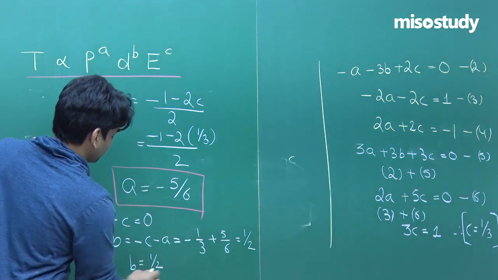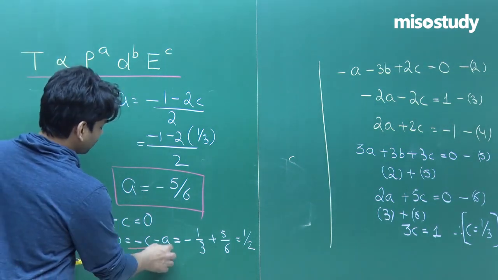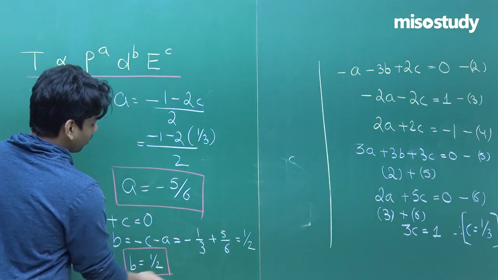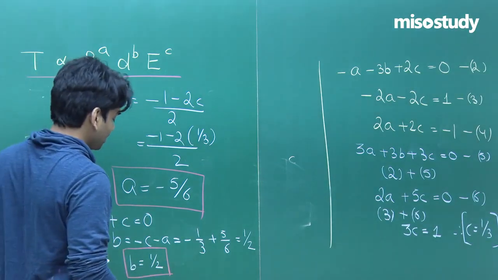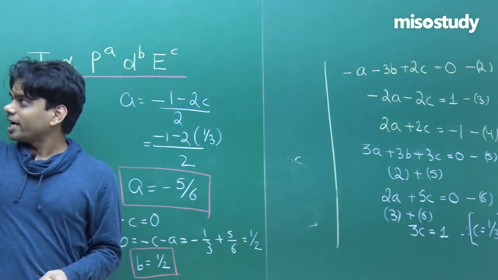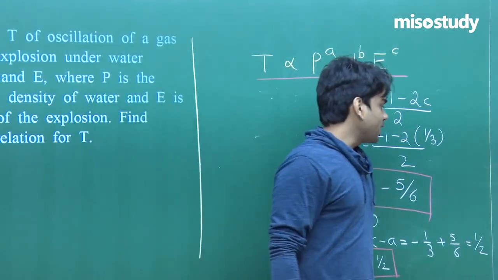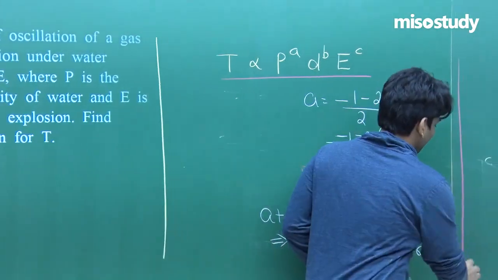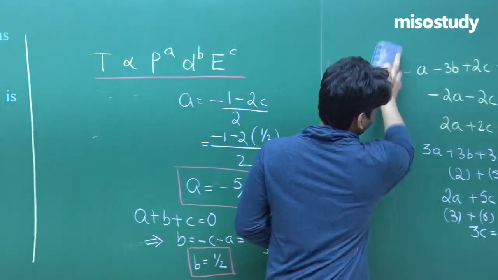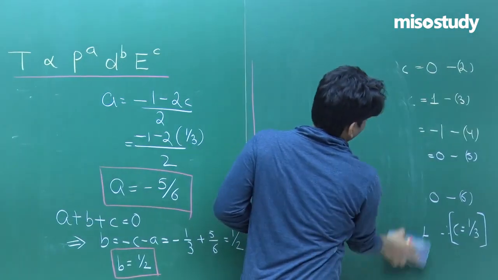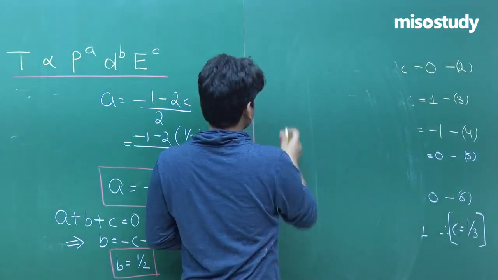Let me mention it here. So all the three values we got. Now the relation for the time period. We will evaluate the period T of oscillation. After obtaining all the values, let me write down the final relation.